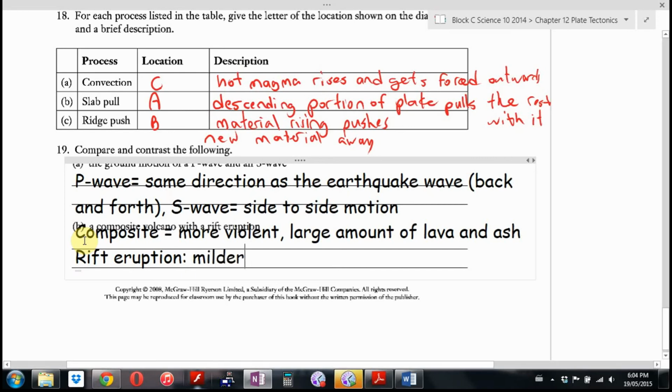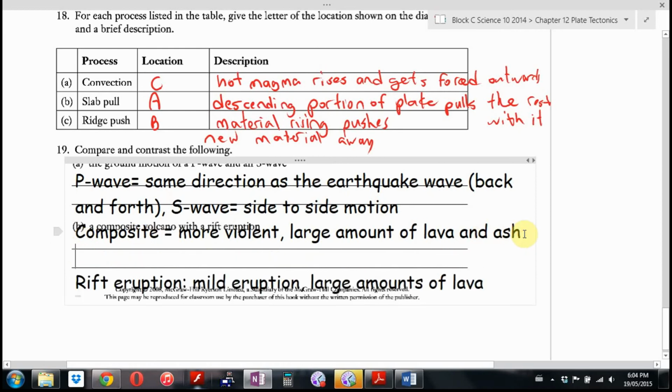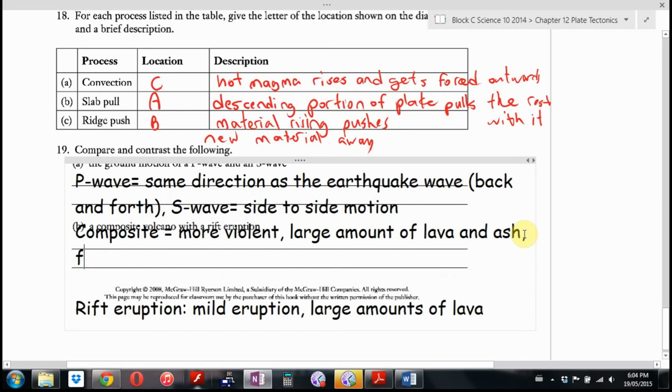Milder eruption. Large amounts of lava, but not much ash. Okay. Where else? We could say composite also forms on subduction boundaries.